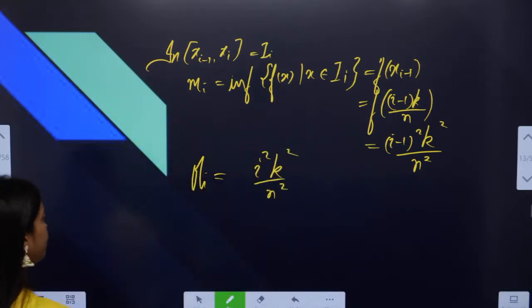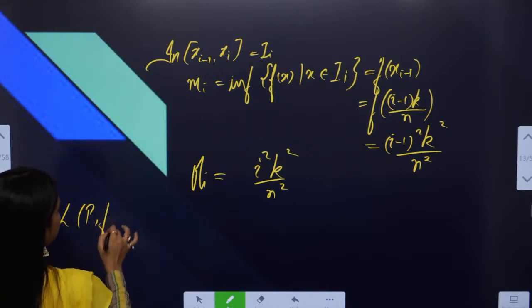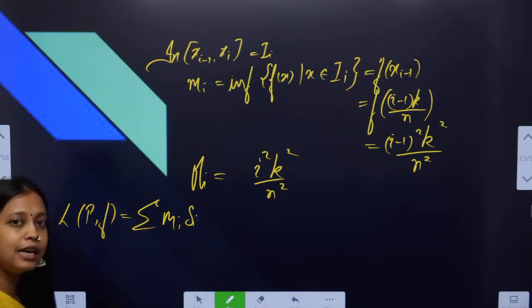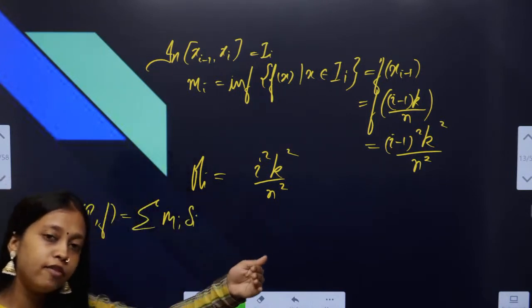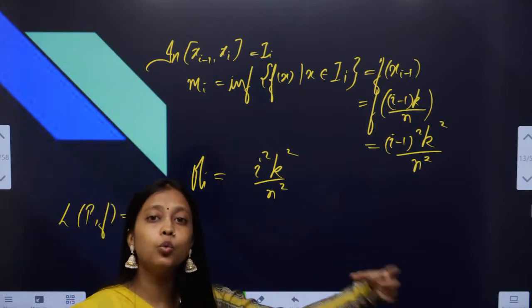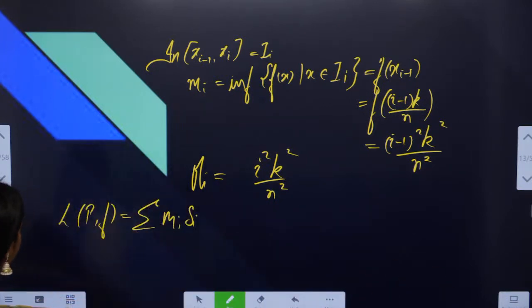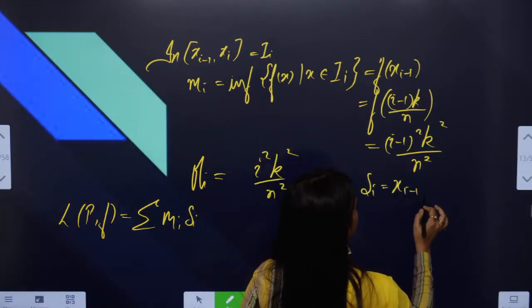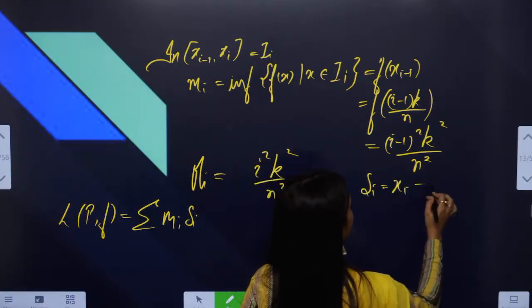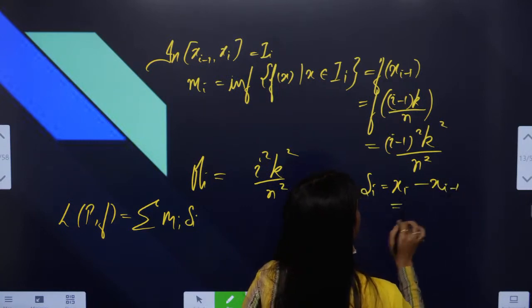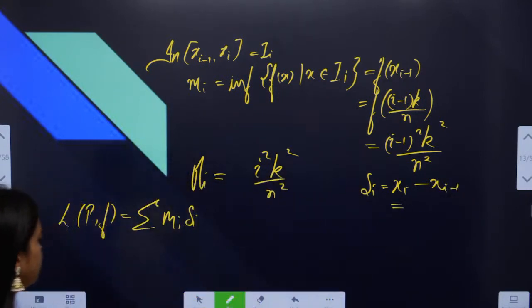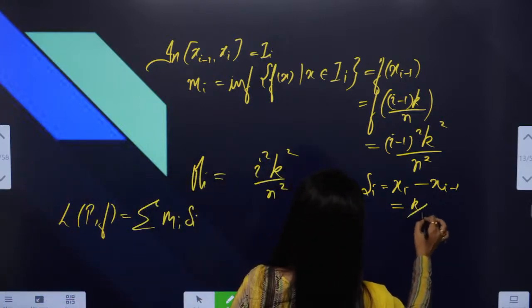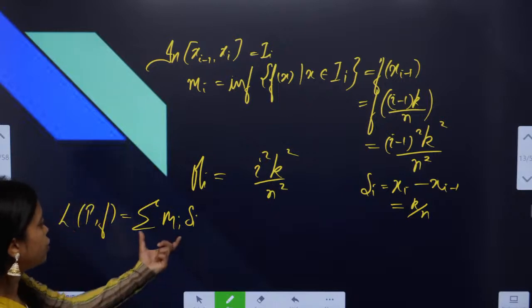What is your LPF? LPF is the summation of m_i delta_i. What is delta_i? Delta_i is the length of the interval. I have divided my interval into equal lengths. So delta_i is basically x_i minus x_{i-1}, and this is nothing but k by n. Substitute the value over here.